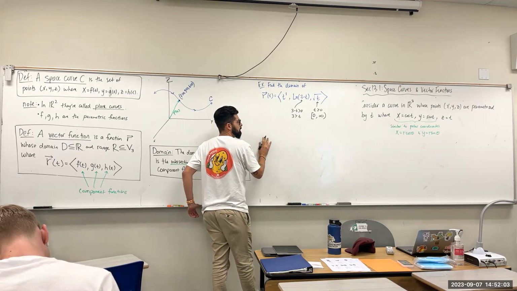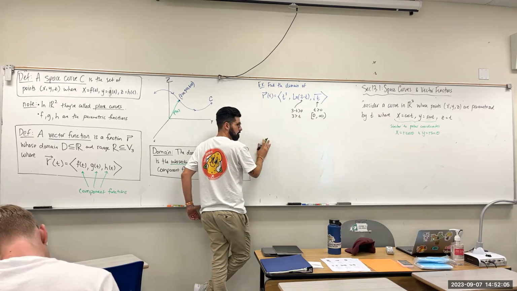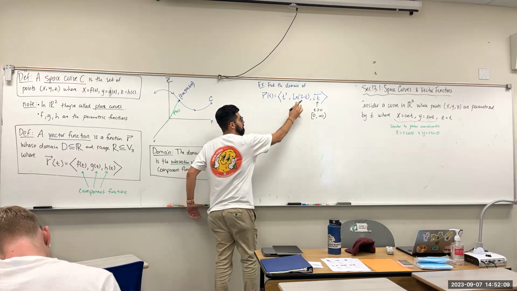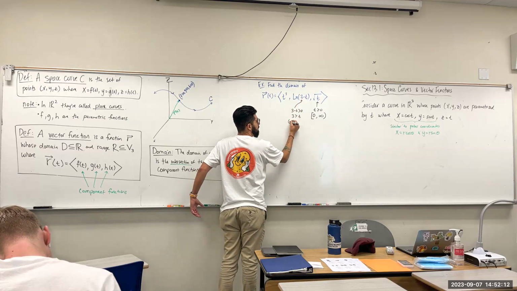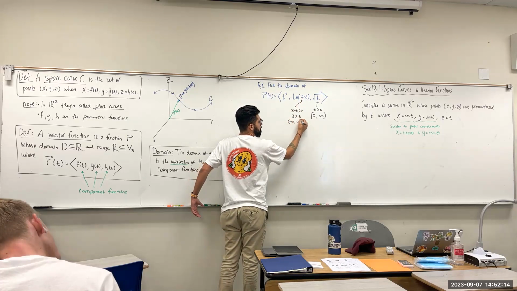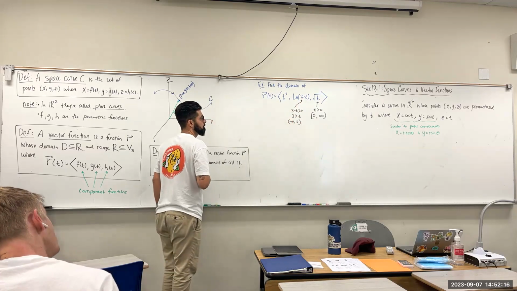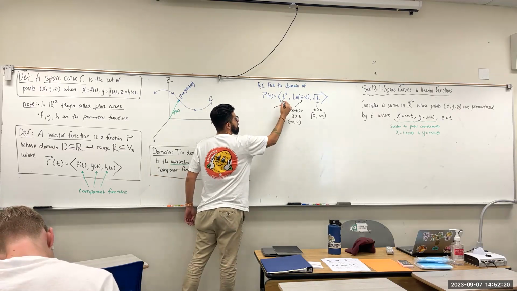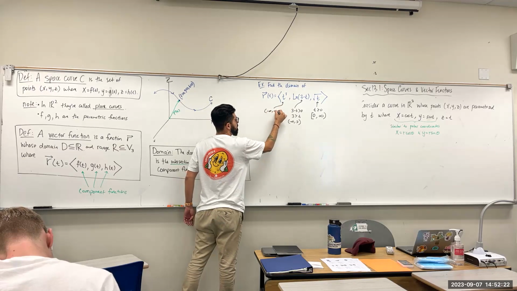What does that tell me about my domain? It has to be less than 3. Including 3? No, because I don't want it to be 0. So it's going to be negative infinity to 3. And then what about t cubed? That's everything. Everything's good for that one.